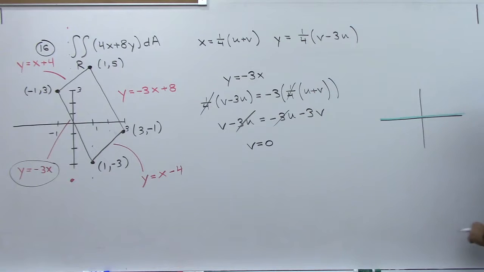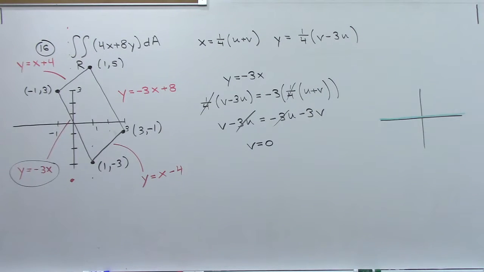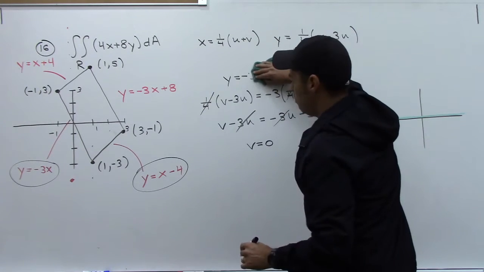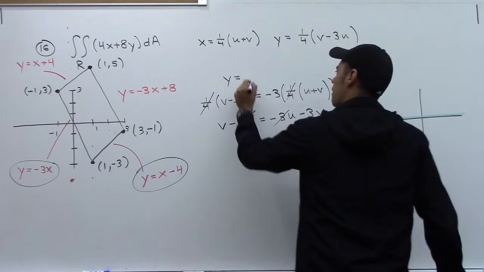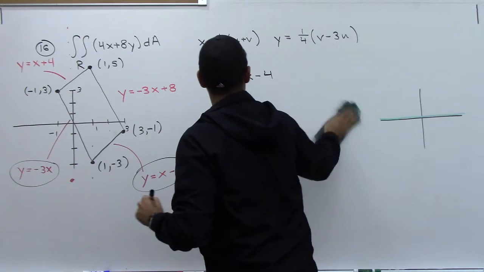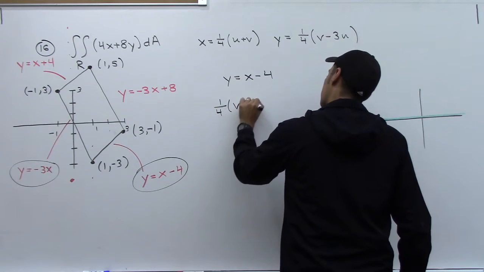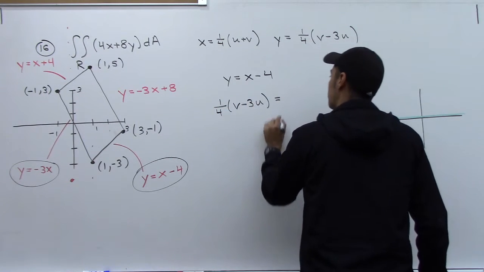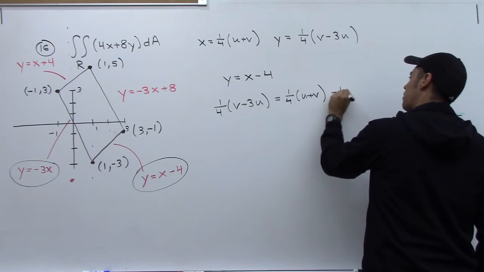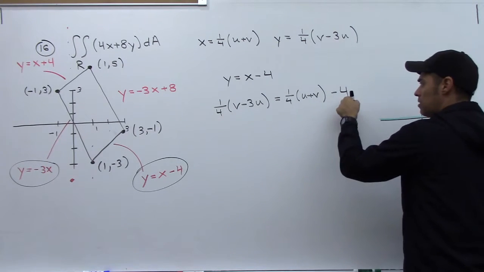Okay, and now I take the next equation, which I'll do this one, y equals x minus 4, and rewrite that one. So y is 1/4 v minus 3u equals x, which is 1/4 u plus v, and then minus 4. I'll multiply both sides by 4, it'll go away, and then this will become 16.